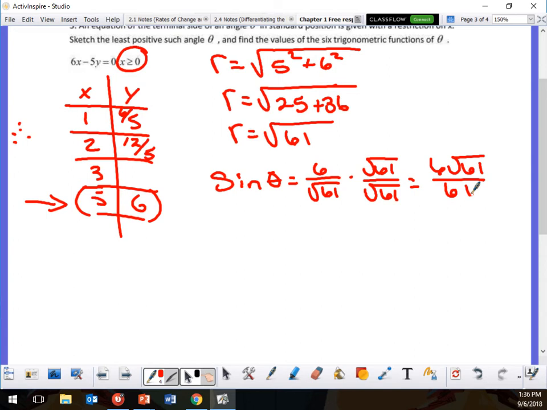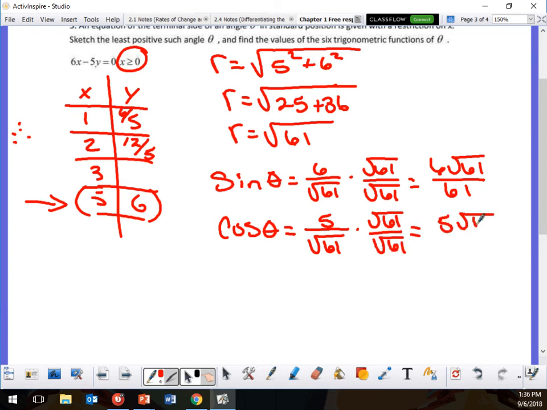Right? Cosine is x over r, so 5 over rad 61. Rationalize again: 5 rad 61 over 61.